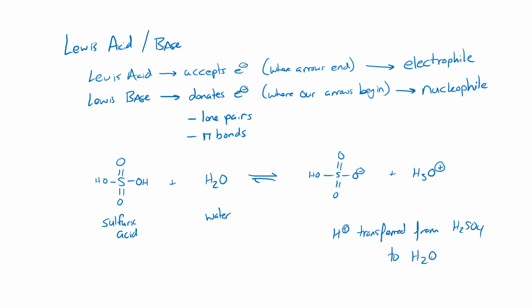H2O started as a neutral compound, but has picked up H plus when it goes to the products. So an H plus is being transferred from one to the other. This is a substitution reaction. This is a very specific kind of substitution reaction that we call a Bronsted-Lowry acid-base reaction.